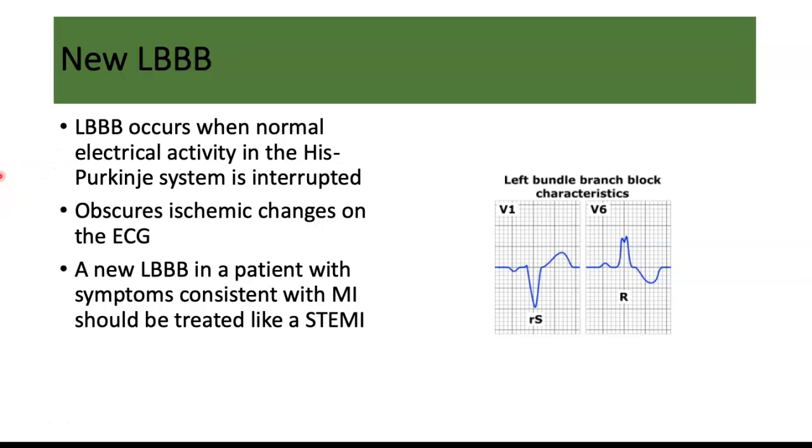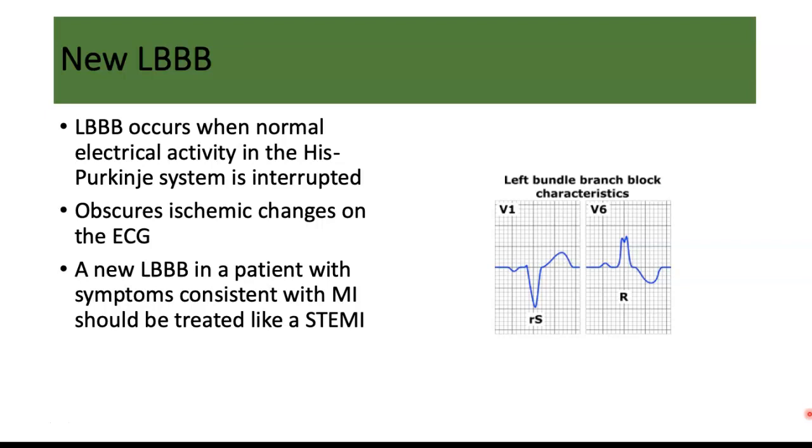Left bundle branch blocks occur most often in individuals with heart disease. They can be asymptomatic and related to structural heart disease. There's some research that's raising the question of whether or not all left bundle branch blocks that are new should be treated like a STEMI. The concern is, are the risks of IV contrast and emergency coronary angiography worth it?